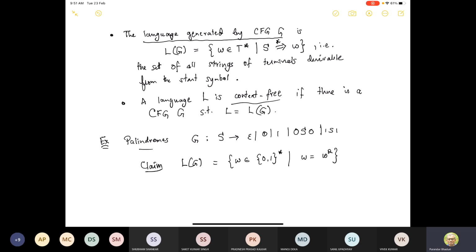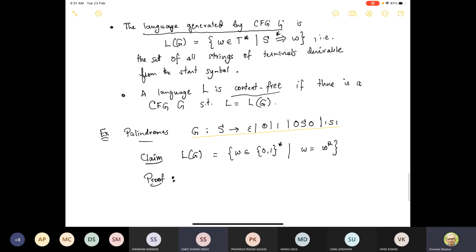How would you prove this? Induction on length of string. So we have to show two things.